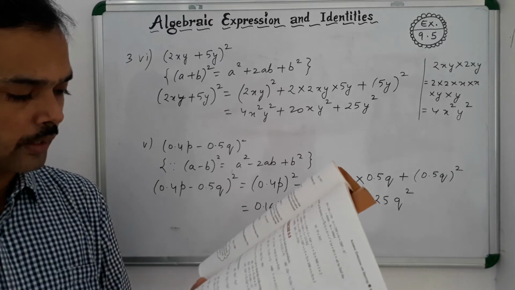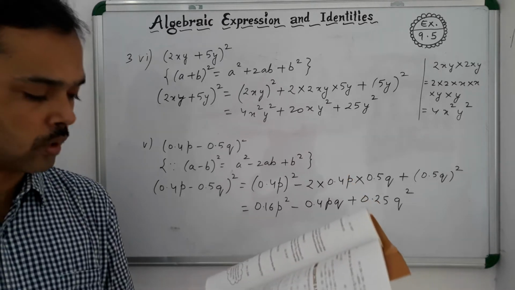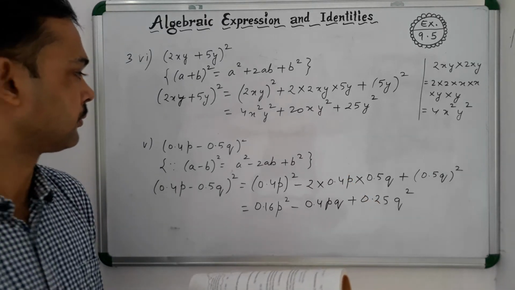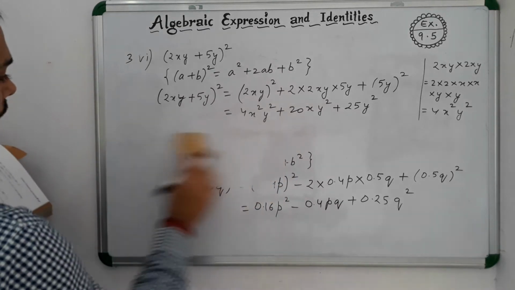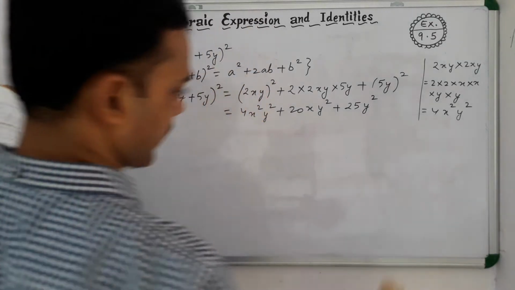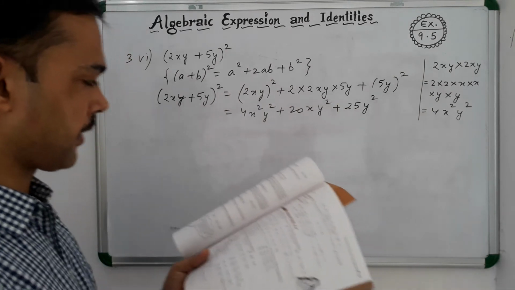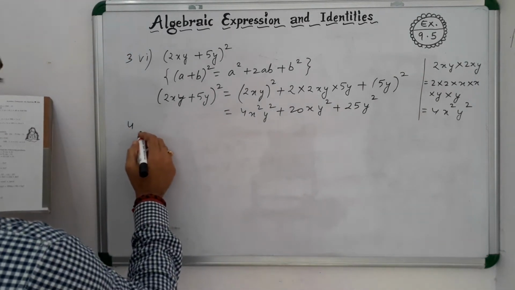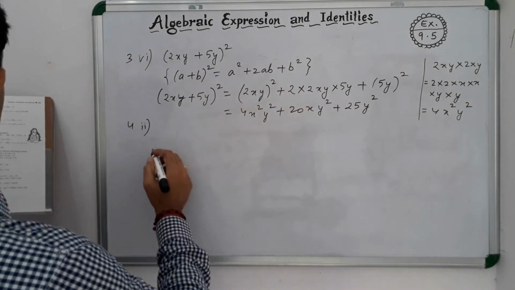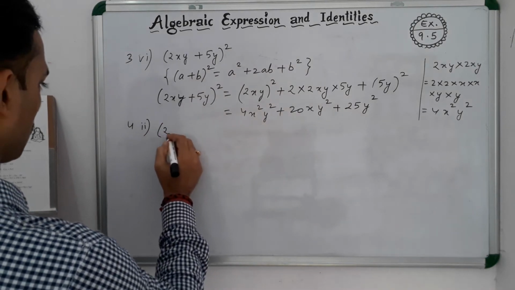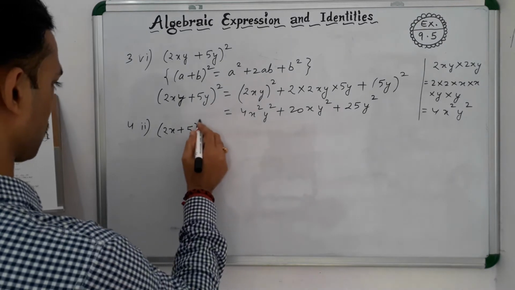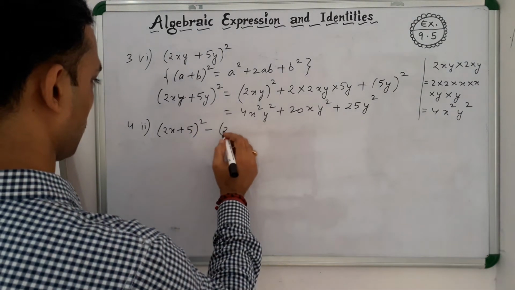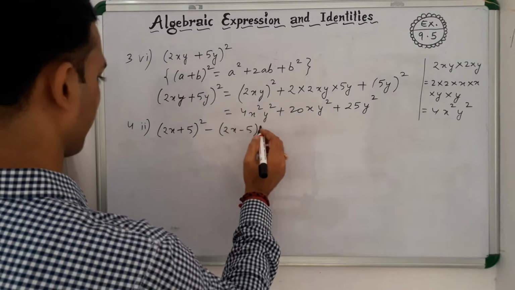Okay. Then after sixth part, now let us move on to question number 4. In question number 4, what is mentioned is simplify. We are going to do second part. In question it is mentioned (2x plus 5) square minus (2x minus 5) whole square.